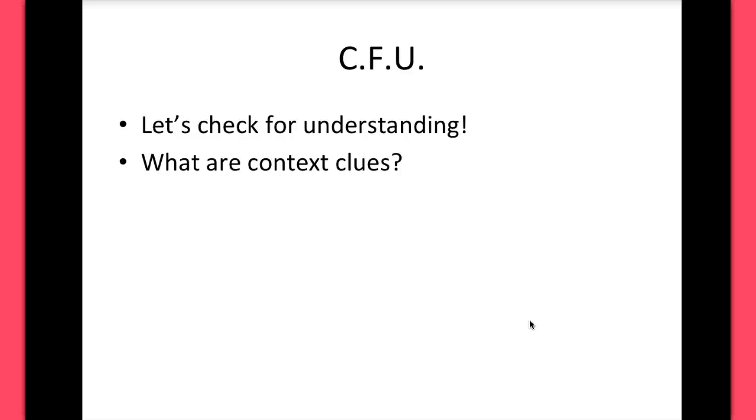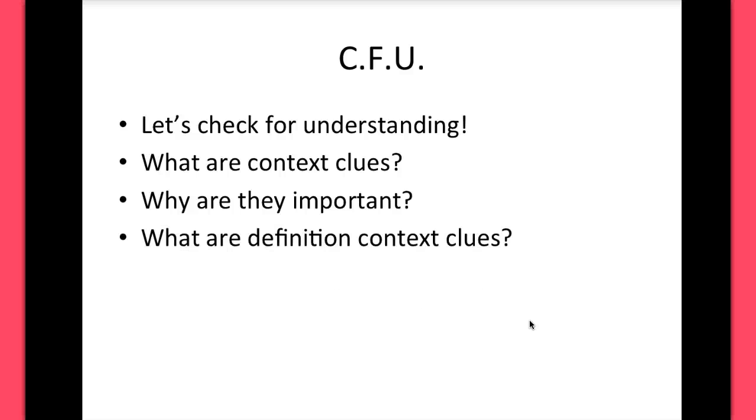Context clues are hints that are hidden within the text. Next question: why are they important? Write this down in your notes. Tell me why context clues are important. We need context clues because they can help us define words, help us understand words that might be complex, and help us become better readers.